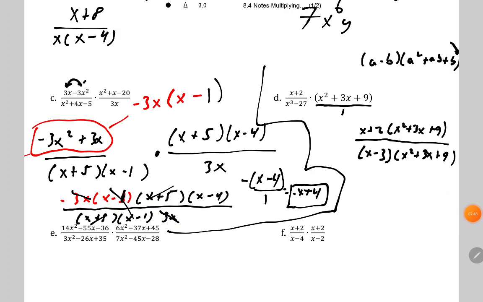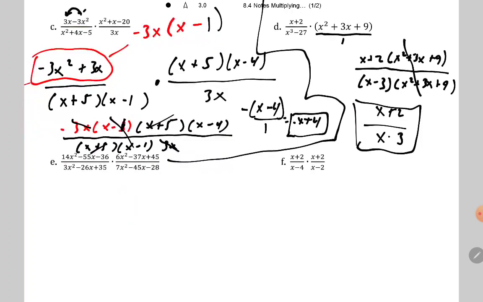And that results from, if we have a cubed minus b cubed, that's going to equal a minus b times the quantity a squared plus ab plus b squared. These happen to be the same, so we are left with x plus 2 over x minus 3. Done.